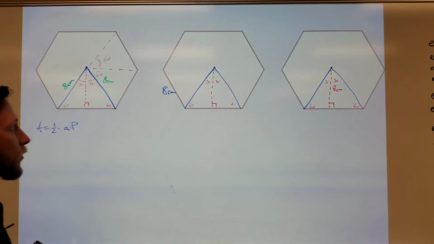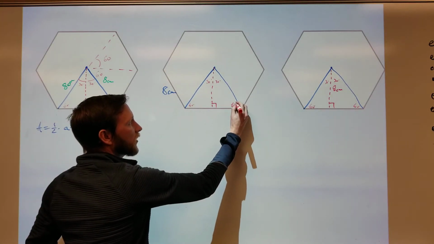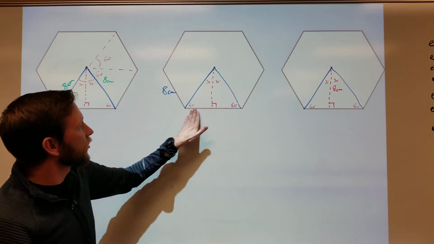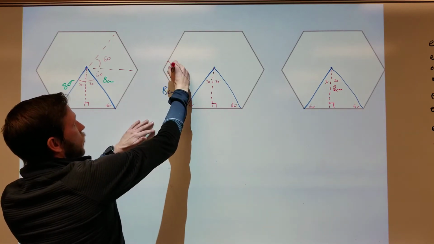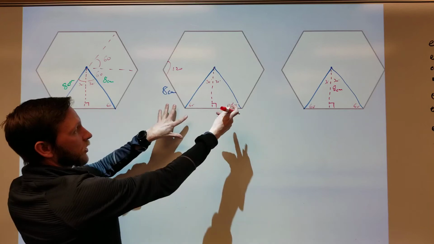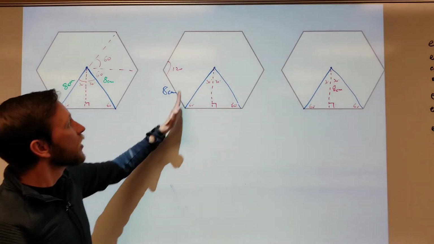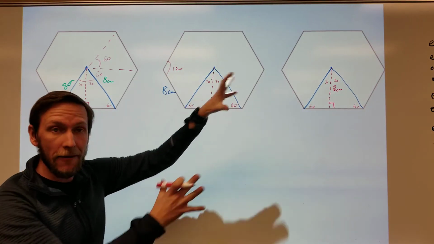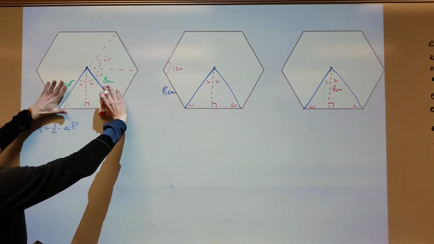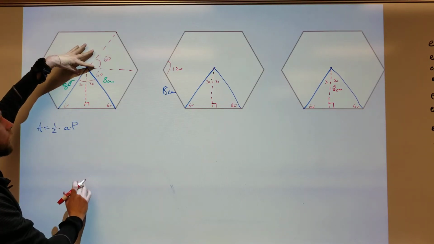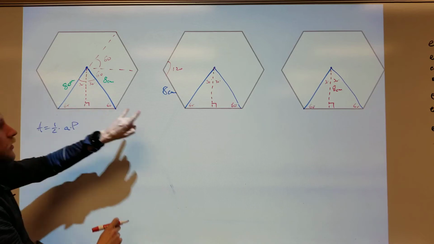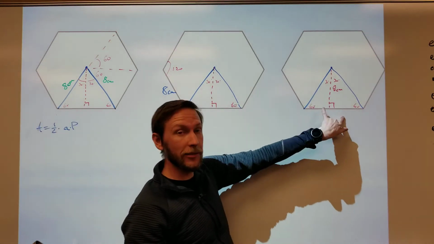Now that also tells us something else that happened here. This angle was 60 degrees, or I guess the whole thing is 120, but then it got cut by the radius into 60 and 60. That's good information. This big blue triangle in every one of these situations is an equilateral triangle, 60, 60, 60.